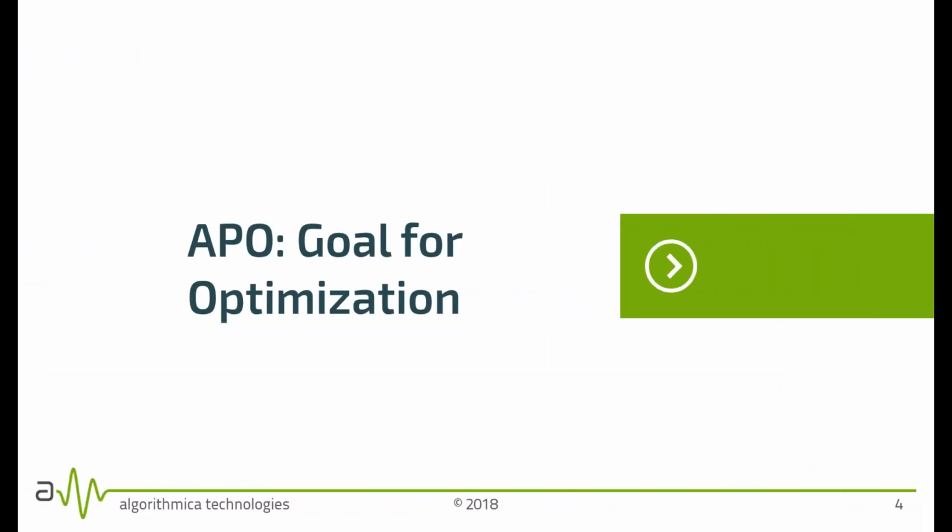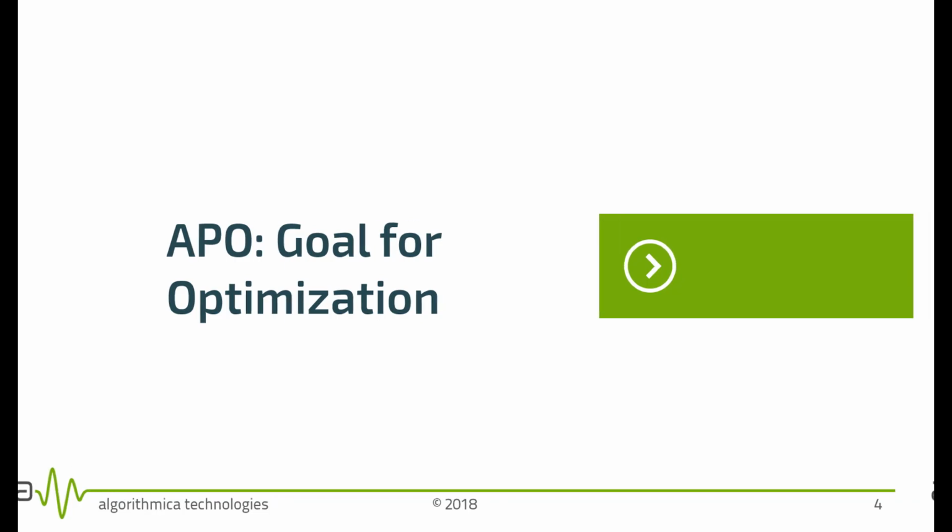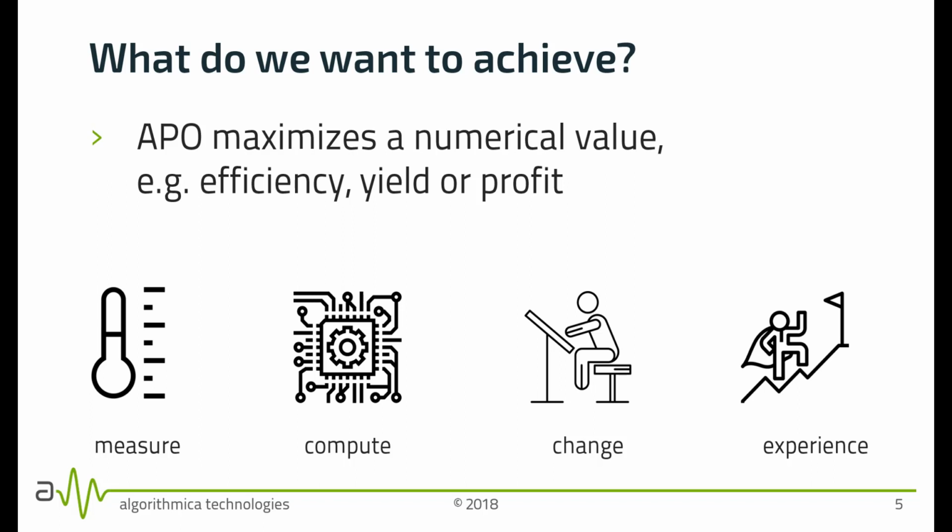So first of all, we go through the goal for optimization, and this is only relevant for the APO product. As APO is concerned with optimizing some key performance indicator, we need to decide what we are going to optimize.